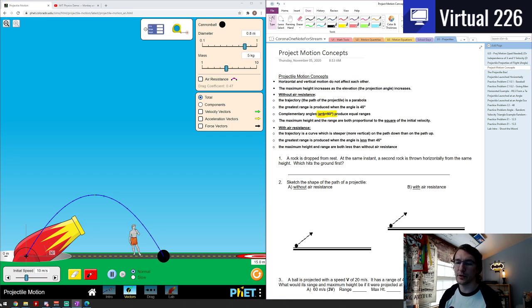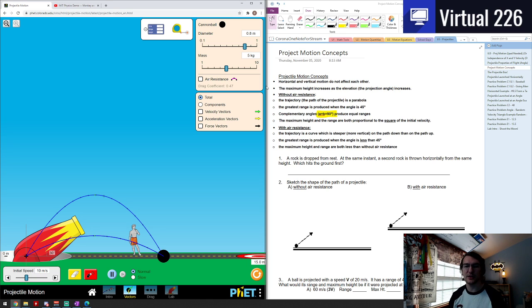So 60 plus 30 equals 90, and if we fire the cannon, pew, it winds up at the same spot. The interesting thing is that at 30 degrees, it gets there a lot faster. 60 degrees will get to the same position, but you have to go up and then come down, and that takes time. The 30 degrees is just thump, and we get there. But complementary angles will take you to the same position.